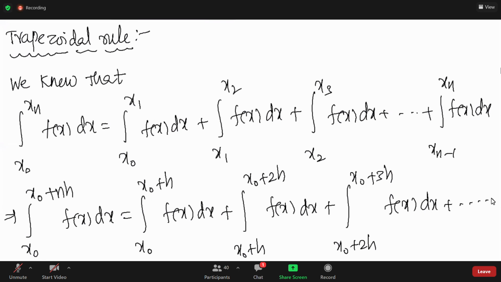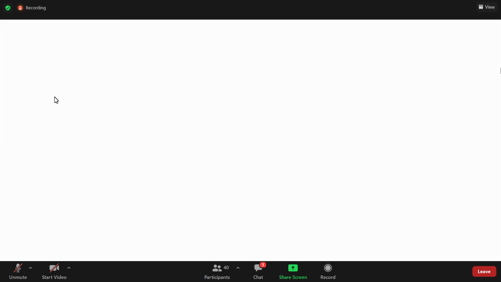What is the last term? Integration from x0 plus n minus 1 into h to x0 plus nh f of x dx.